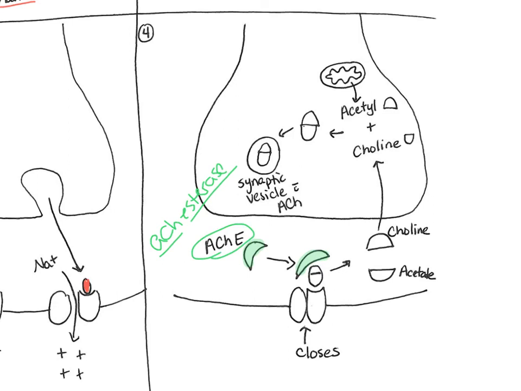So what acetylcholinesterase does is it breaks down acetylcholine. It breaks it apart. It'll take it off of the receptor. It'll take it out of the synaptic cleft. It'll break it down into choline and acetate. And the choline is going to be transported back into the synaptic terminal where it can be reused to make more acetylcholine.